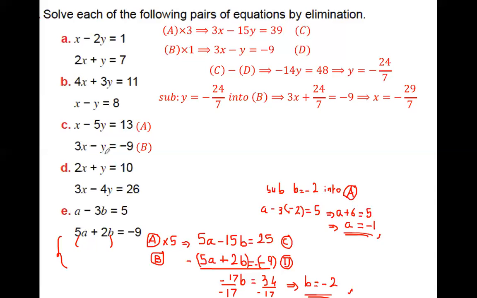Yeah, so we're here, C. So 3x minus minus, which gives me plus 24 over 7 equals negative 9. Then I take away 24 over 7 on both sides. So basically you end up with minus 9 minus 24 over 7.